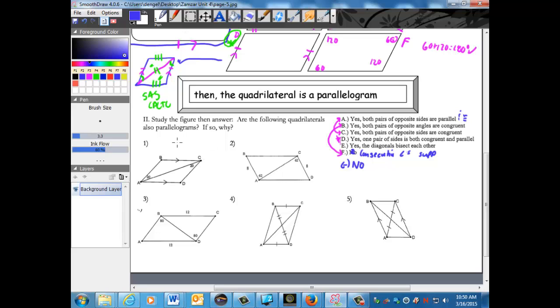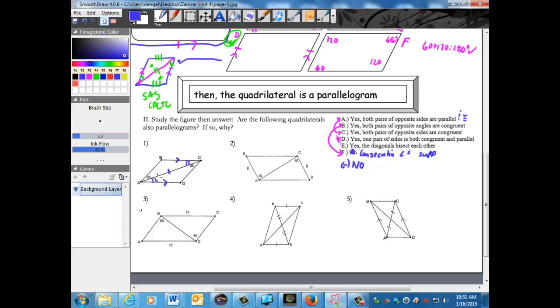First problem, we have 2 lines that are parallel. By reflexive, AC is congruent to itself. Since these lines are parallel and cut by a transversal, we would know that alternate interior angles are each congruent. I'm going to put 2 marks here. We're also told that you have 20 degrees and 20 degrees.